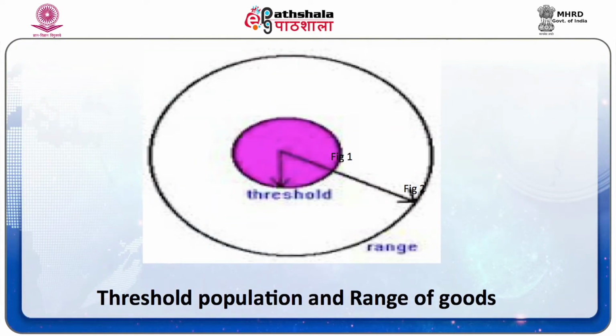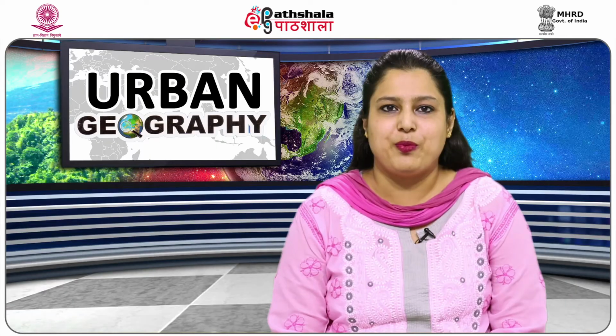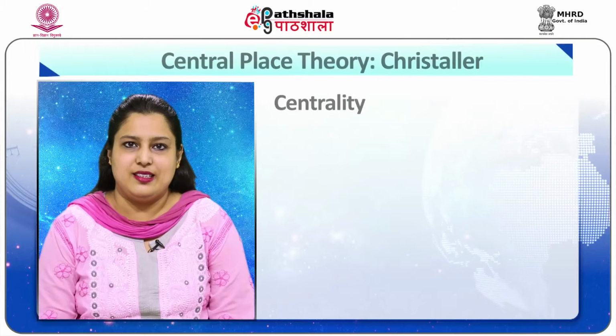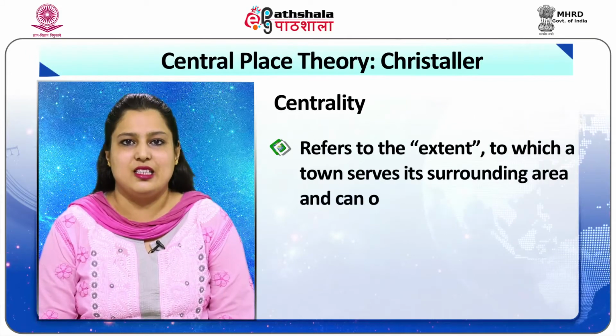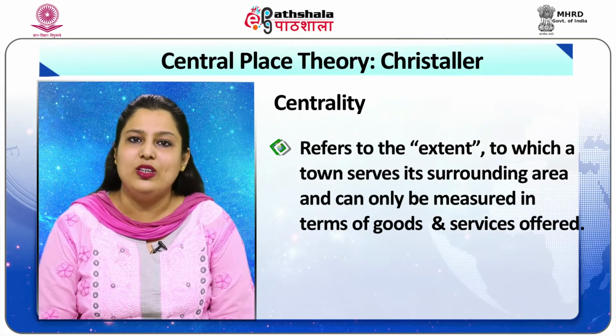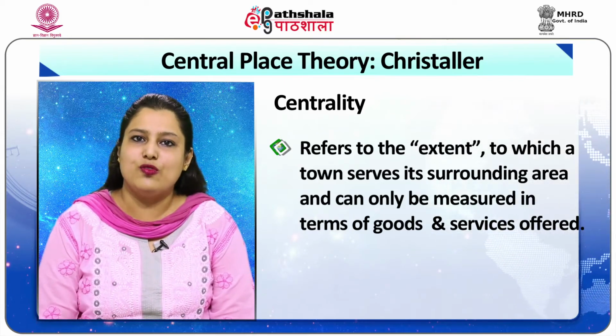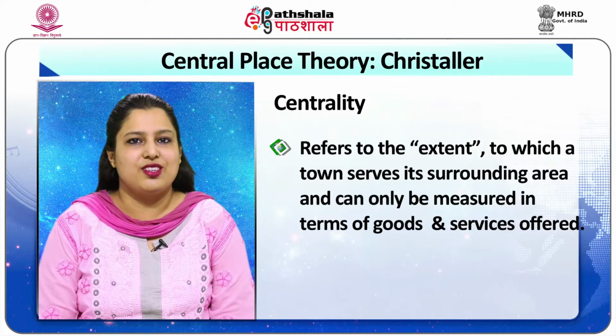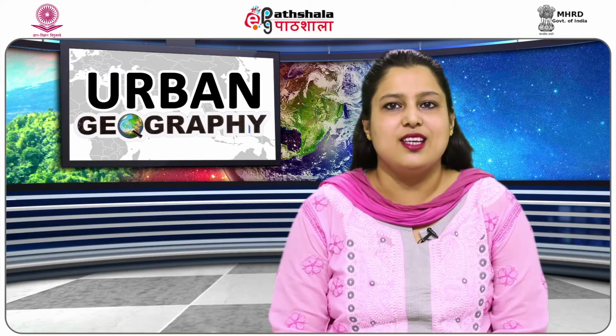Therefore, four principles underlie central place theory: centrality, complementary areas, threshold and range of goods and services. The centrality of a place refers to the extent to which a town serves its surrounding area and can only be measured in terms of goods and services offered. There are different orders of goods and services.